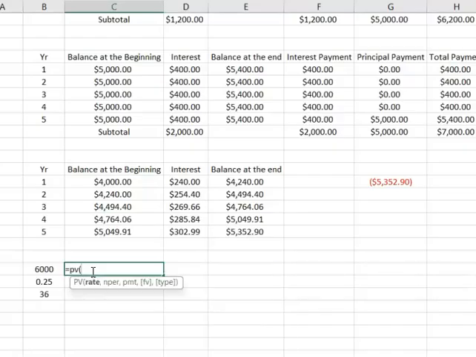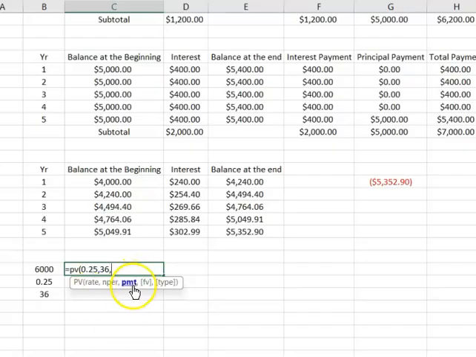Okay, what is the rate? It is 0.25% per month. How many periods am I going to receive compound interest? 36, because it is 3 years. And what is the payment?